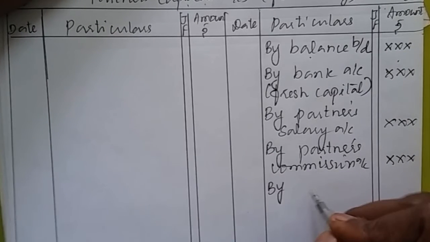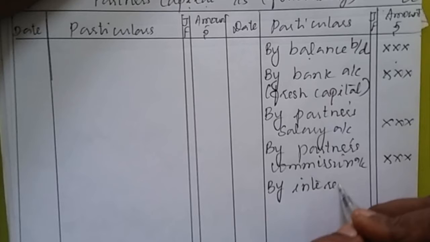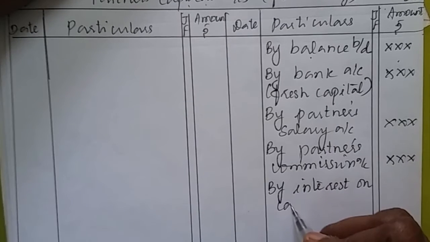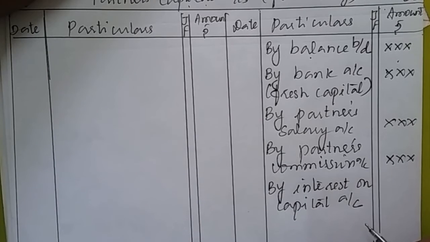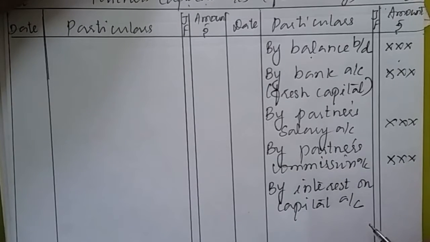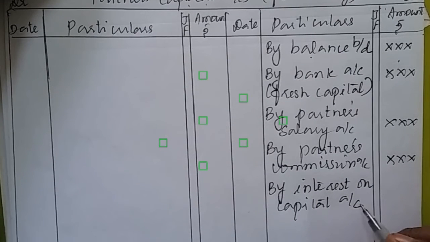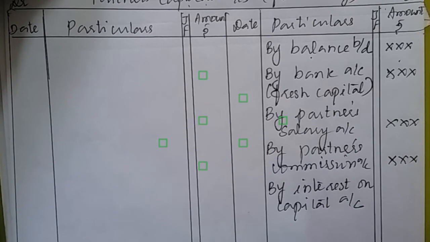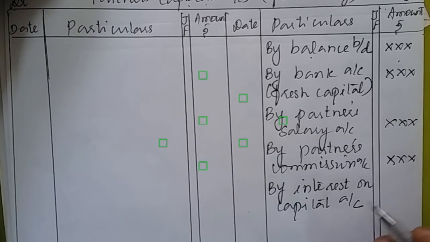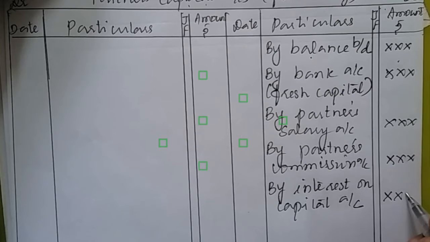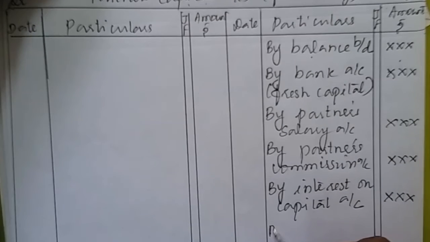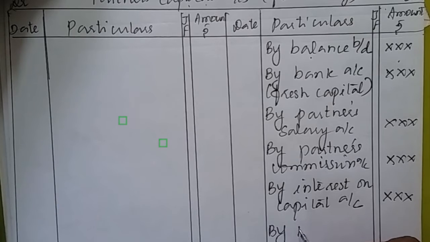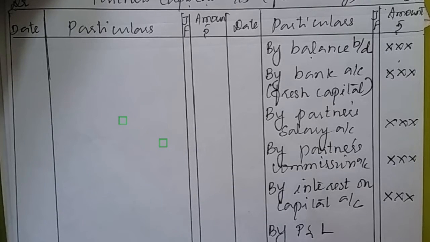Next, by interest on capital account. On the partner's capital, interest will be calculated and it should be paid by the firm to the partners. So once again, it is an income to the partners, and we write this on the credit side. And the next one is by P&L appropriation account.